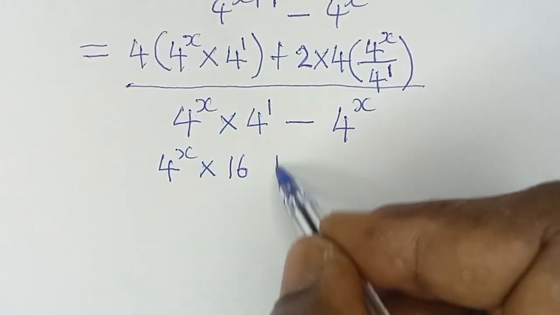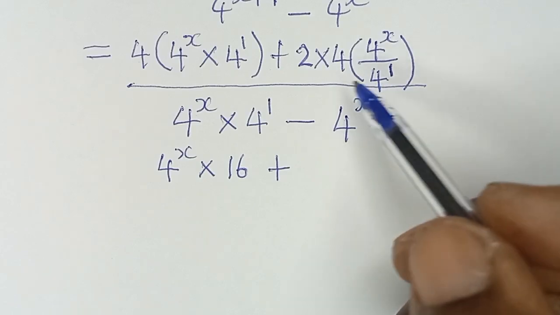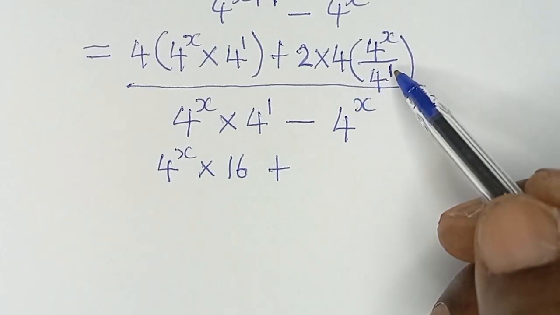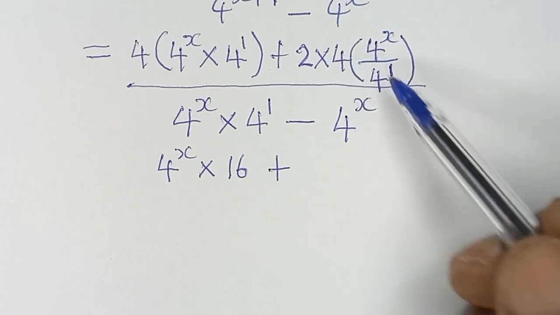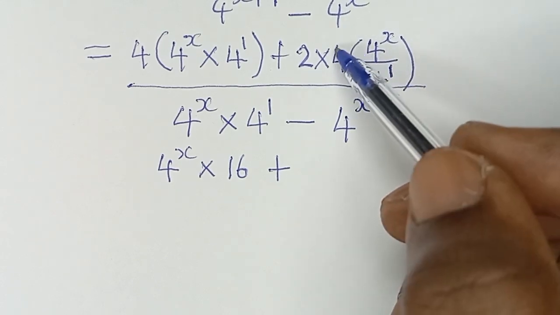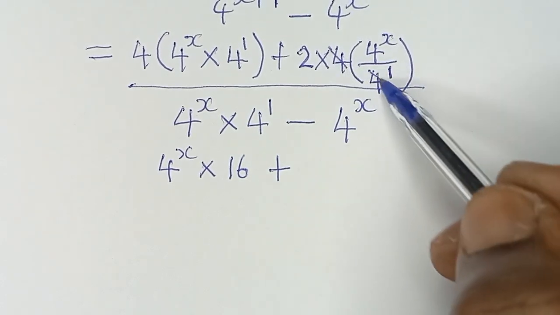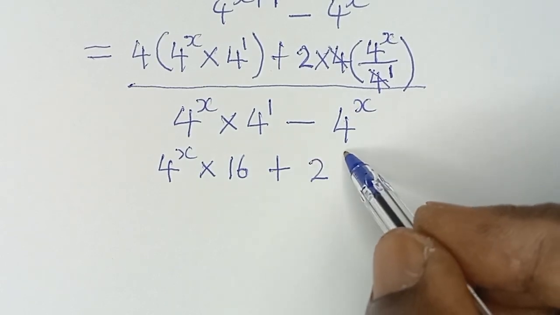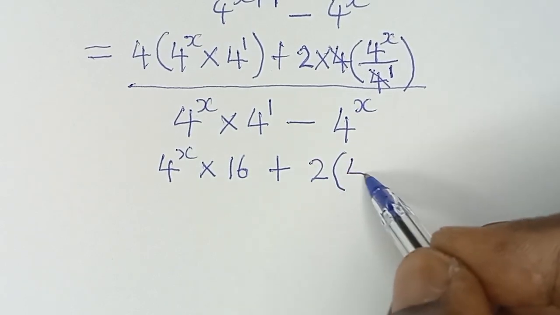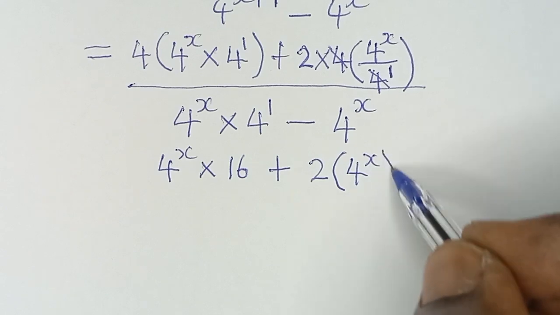And then plus here, this is 4 raised to the power 1, which is the same thing as 4. And then this is 4 here. So this 4 can cancel this 4. So what I'm left with here is 2, all bracket open, 4 raised to the power x.